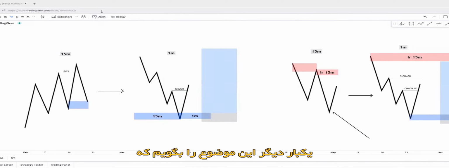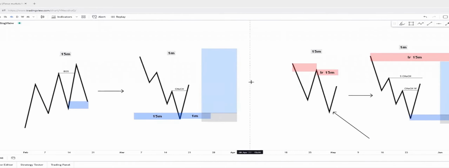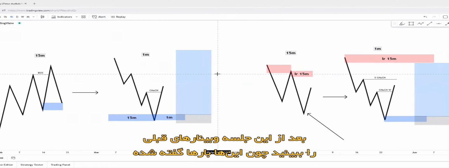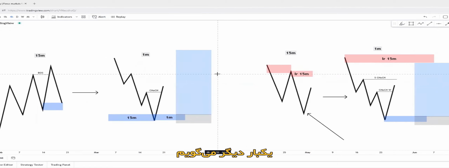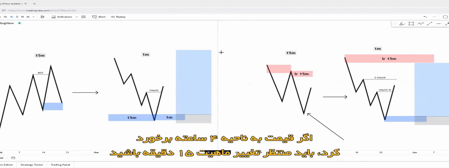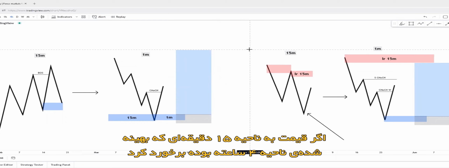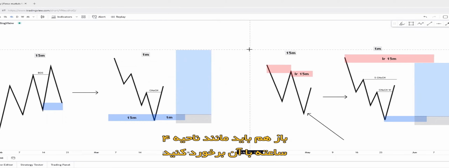So let me put this in perspective again. After this session, I would like to ask you to watch the webinars because these are being explained in the webinars every single time. But I will tell you once again, if price steps to a 4-hour zone, you will have to wait for a 15-minute change of character. If price steps into the 15-minute zone, which has been refined from a 4-hour zone, you still have to treat that 15-minute zone as a 4-hour zone.